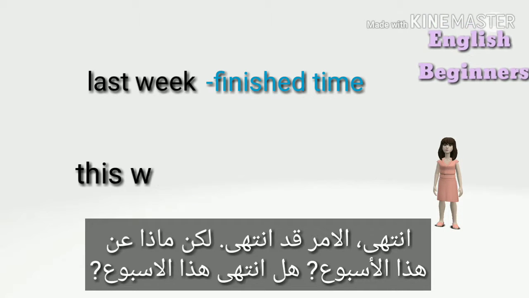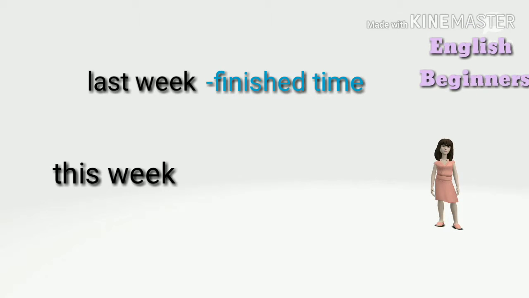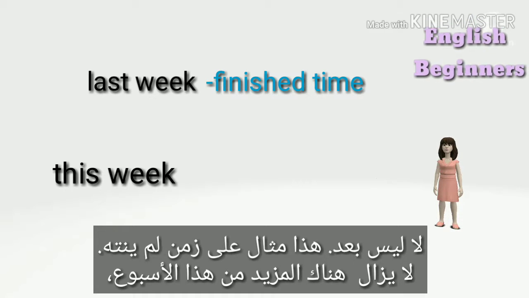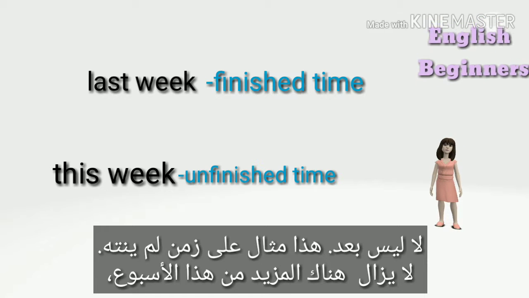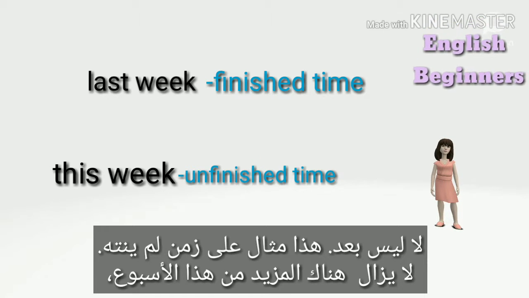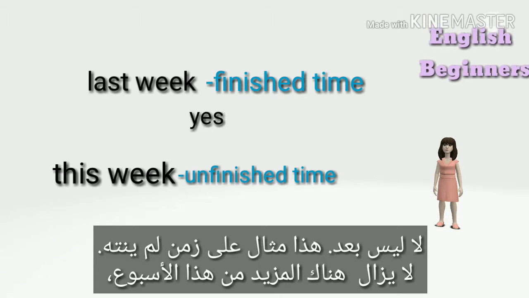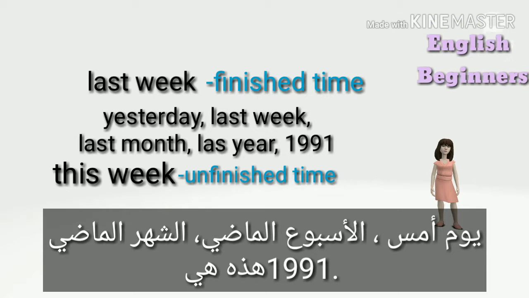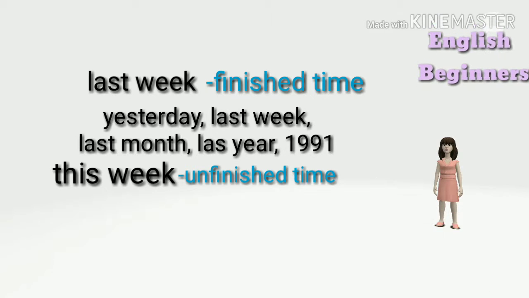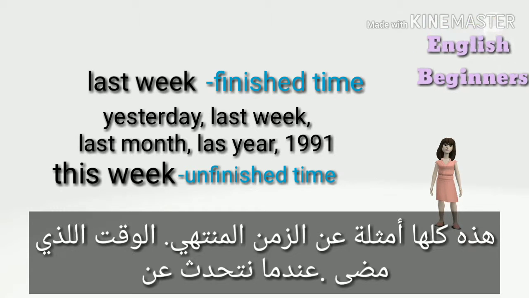But what about this week? Is this week finished? No, not yet. That's an example of unfinished time. There's still more of this week to come. It's not finished yet. Yesterday, last week, last month, last year, 1991, these are all examples of finished time, time that is complete.